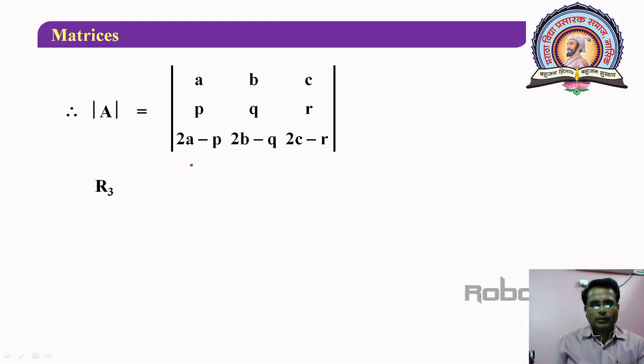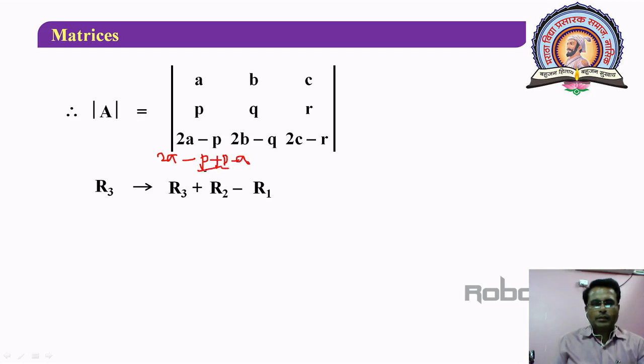So, consider R3 going to R3 plus R2 minus R1. Now, if you consider the element in R3 plus R2 minus R1, this position becomes 2A plus P minus P minus A, isn't it?